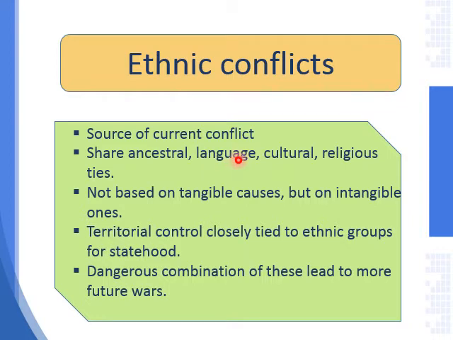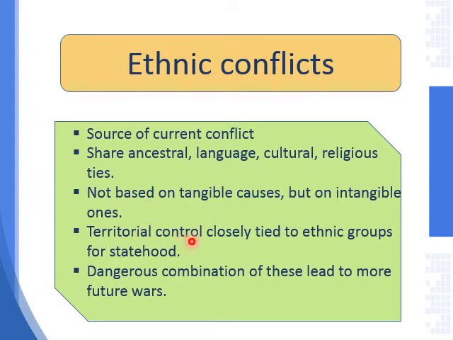This is a large group of people who share ancestral, language, cultural, or religious ties, and a common identity. This type of conflict is not based on tangible causes, what someone does, but on intangible ones, who someone is.